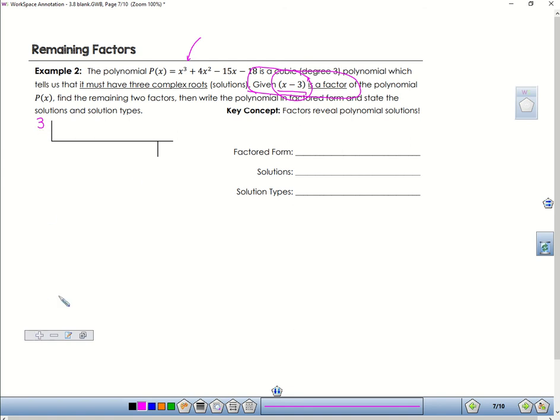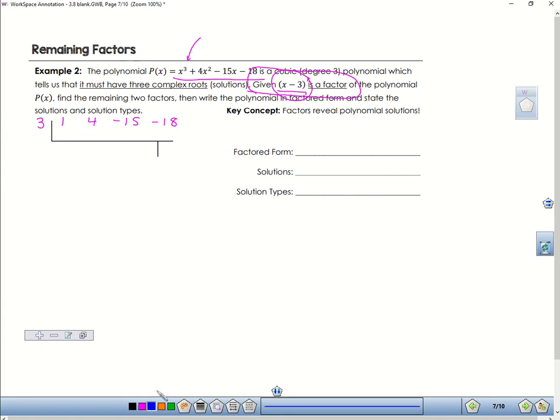Positive 3, very good. Now I need to write the coefficients of my polynomial. So it's going to be 1, 4, negative 15, and negative 18. Because as you can see, I didn't skip any x's here. I don't need any placeholder terms. Everybody see why we don't have any placeholders here?